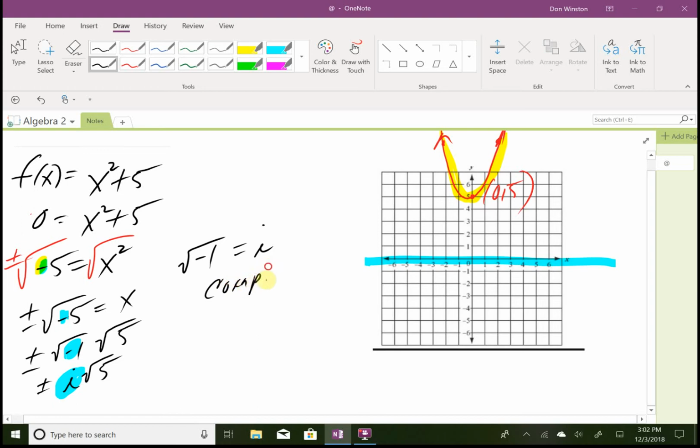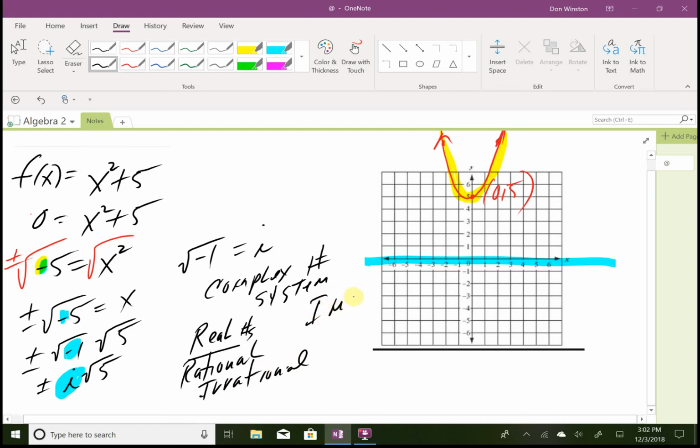This complex number system is going to consist of two things. It's going to consist of the real numbers, the rational and irrational. But then we're going to add to that the imaginary number system, and that will include things like i, or what we saw in this case, i root 5, or 2i, and so on.